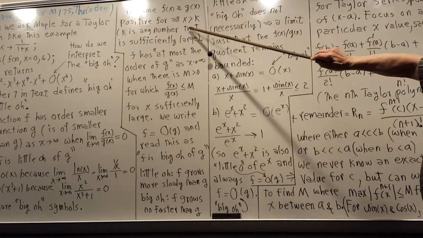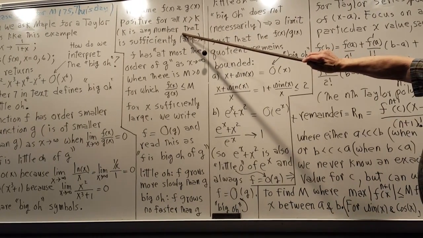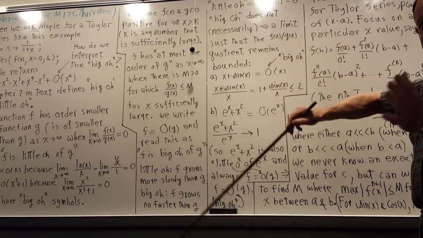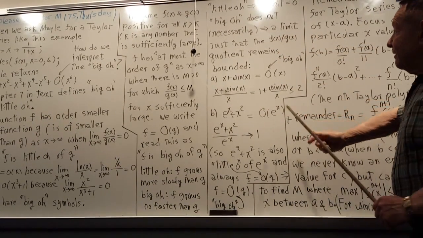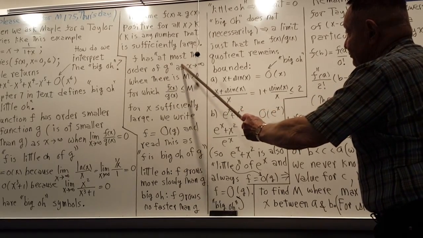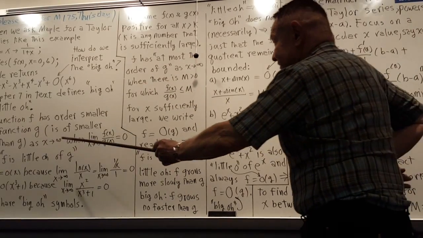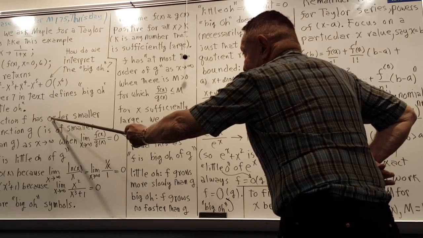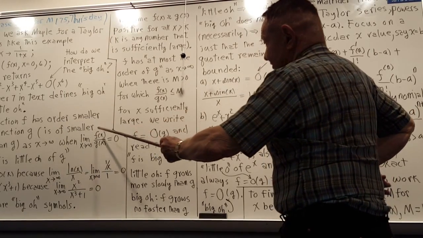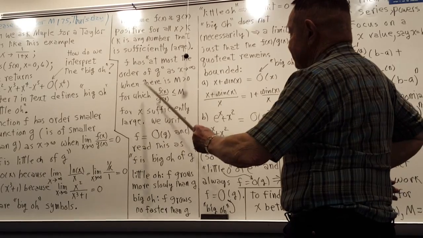So the k then could be any real number that's large enough so you could say these are positive once you're past that. Then you'd say f has at most the order of g, whereas here you're saying f has smaller order. Smaller order means the limit of the quotient will be 0.